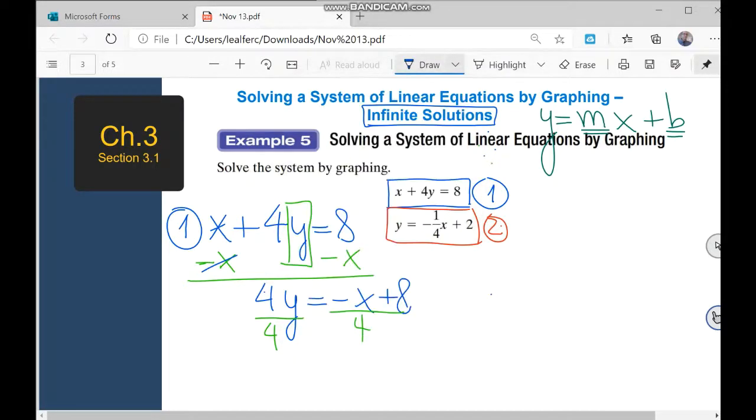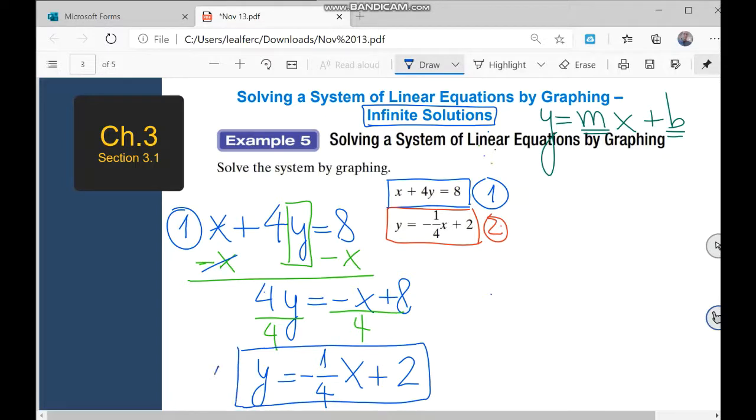Now we have y equals negative 1 over 4 times x plus 8 divided by 4, which is 2, plus 2. This is the equivalent of equation number 1, but now it is in the slope-intercept form.